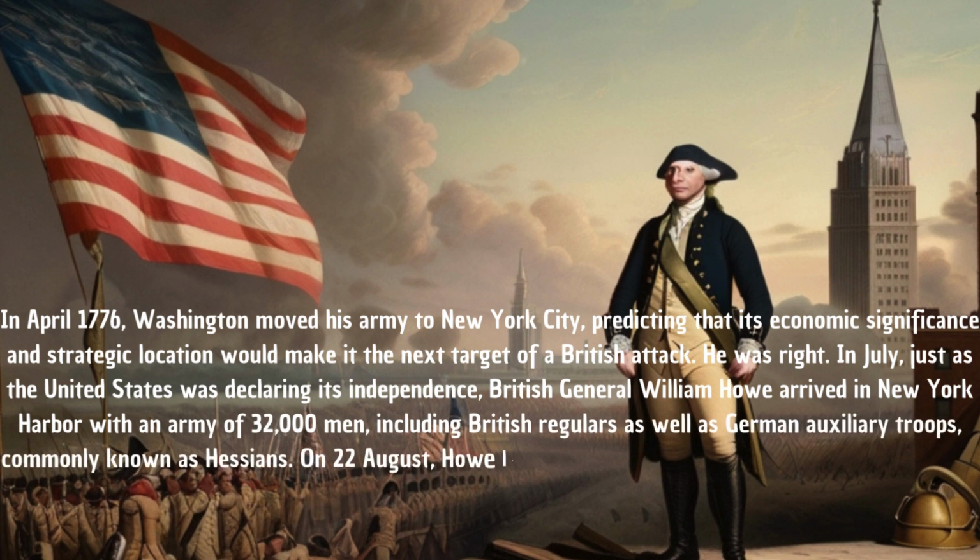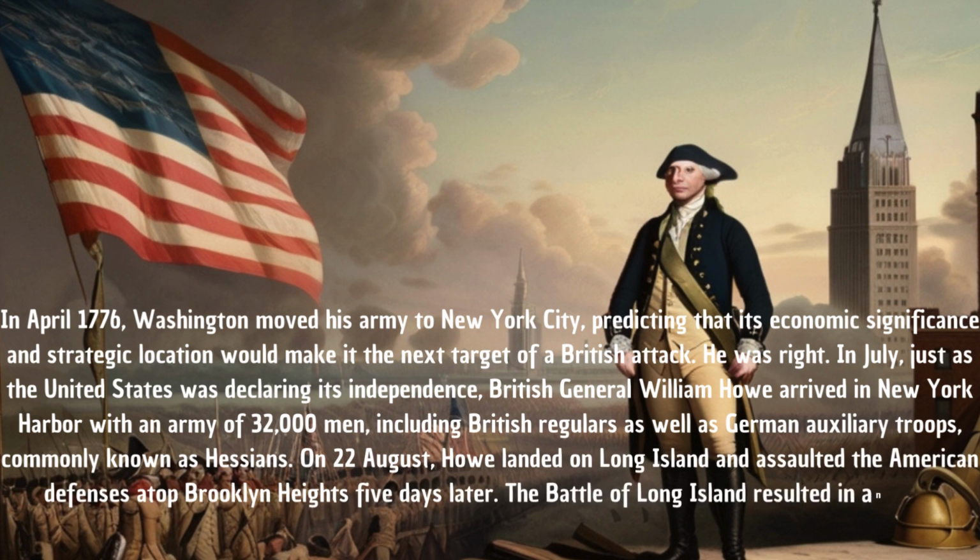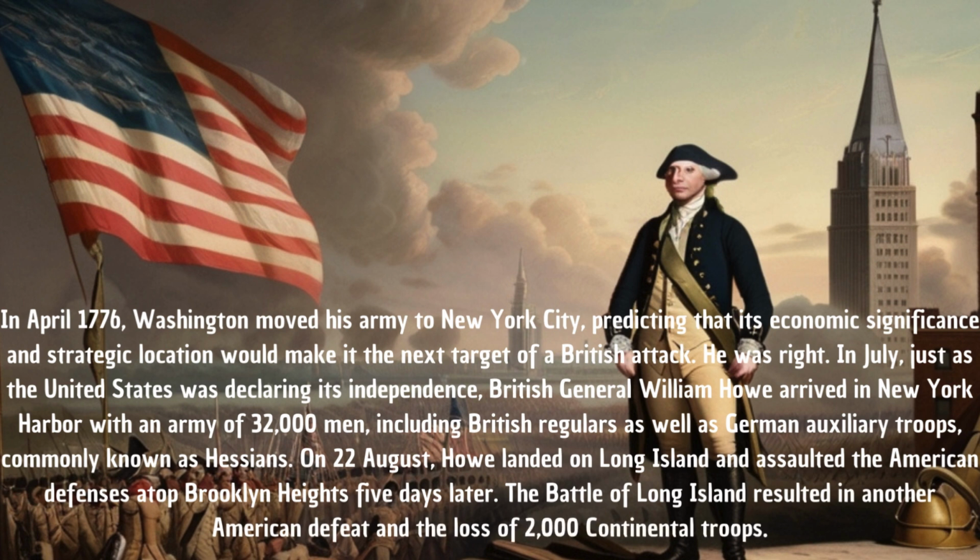On August 22nd, Howe landed on Long Island and assaulted the American defenses atop Brooklyn Heights 5 days later. The Battle of Long Island resulted in another American defeat and the loss of 2,000 Continental troops.